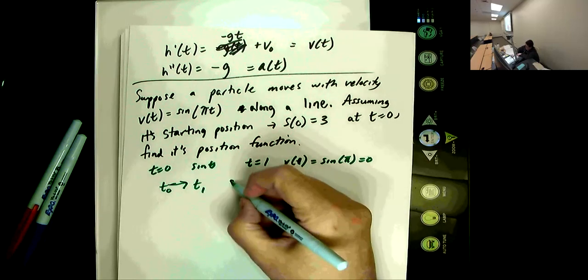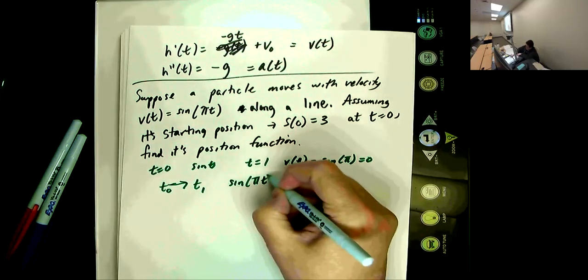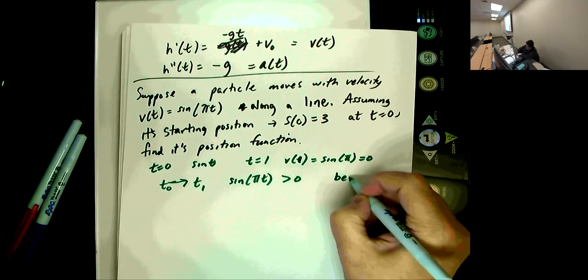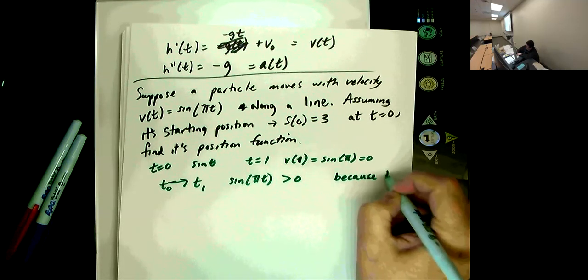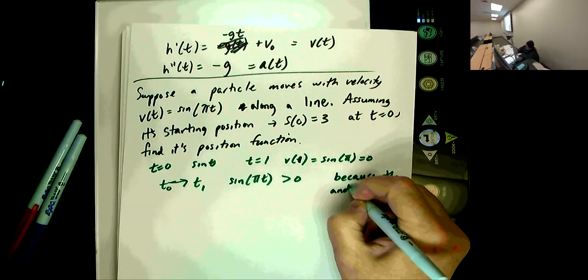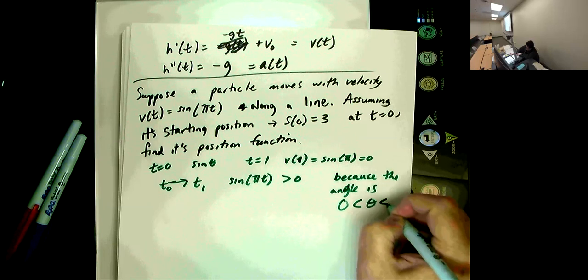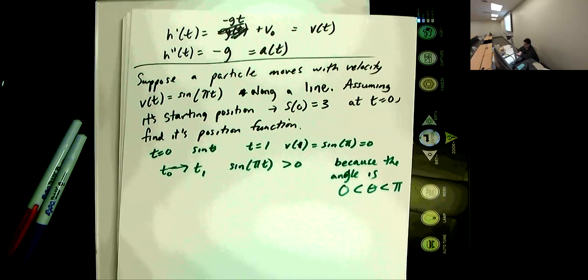We have sine of pi t greater than 0 because the angle is between 0 and pi. So it's moving in a positive direction.